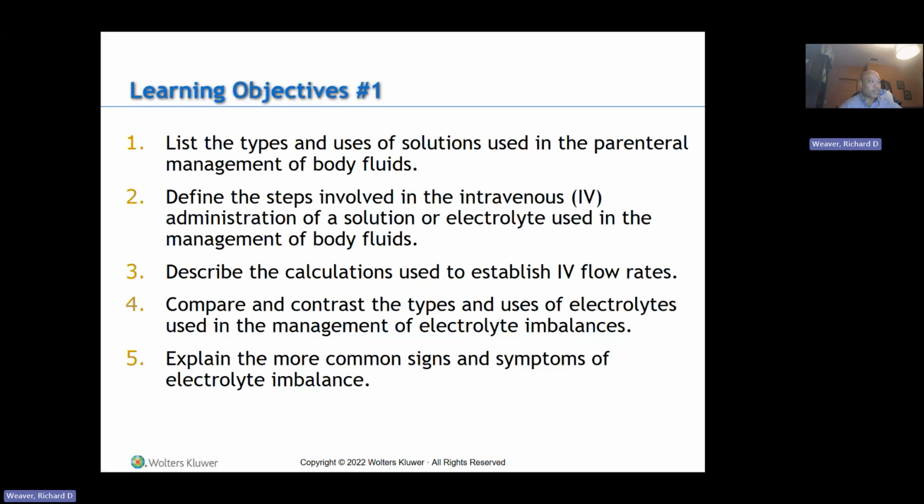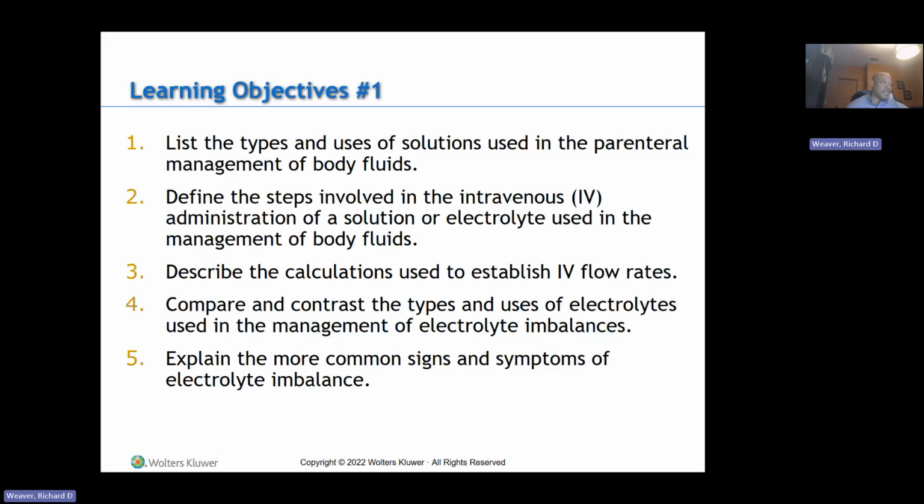Basically, I guess is what I'm trying to say. So fluid and electrolytes is a very important part of human health, and therefore sometimes in sick states, these patients have an imbalance of their fluid and electrolytes, and it's up to us to try to reestablish that balance in order to maintain that level of health, if you will.